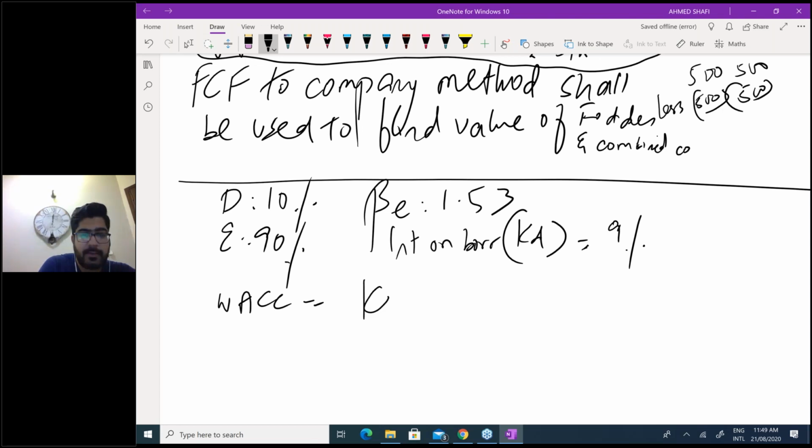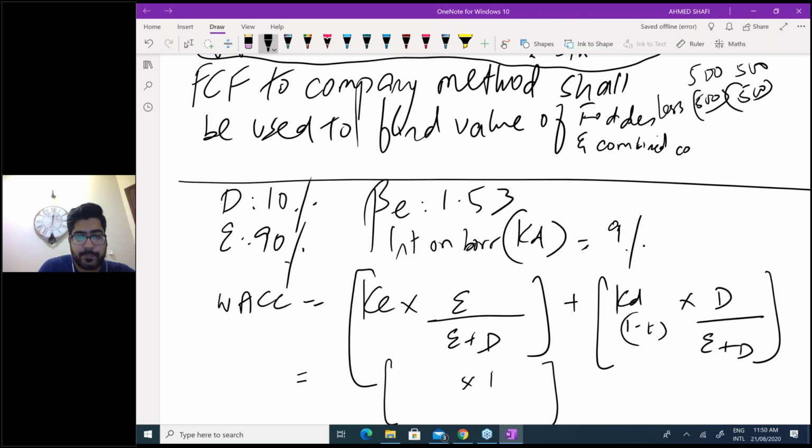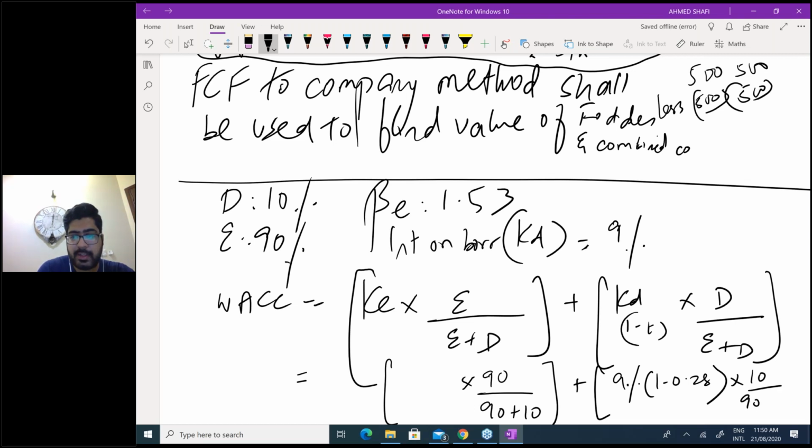KE into equity proportion of the company plus after tax cost of debt into debt proportion. So you know that equity proportion is 90. After tax cost of debt, the interest rate is 9%, after tax 1 minus 0.8. It's 10 over 90 plus 10. You just need to find KE.